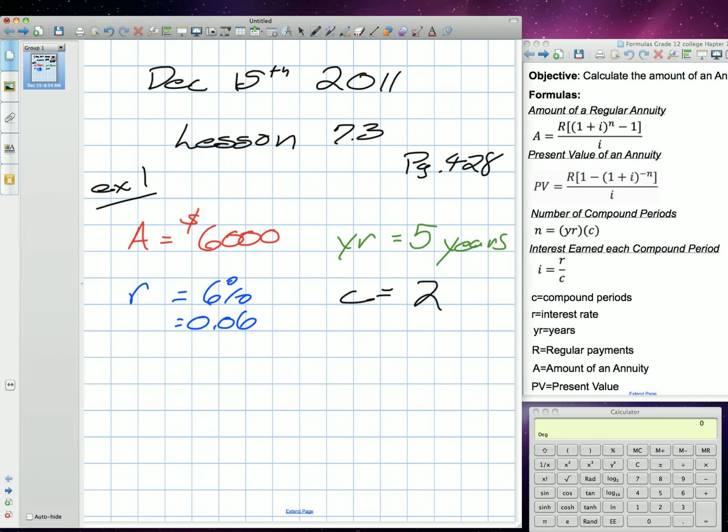But in terms of our formula, okay, the variables are, this is an annuity. We have the A value. We also don't have yet our I value, lowercase I, and our N value. So we have to solve for these two.